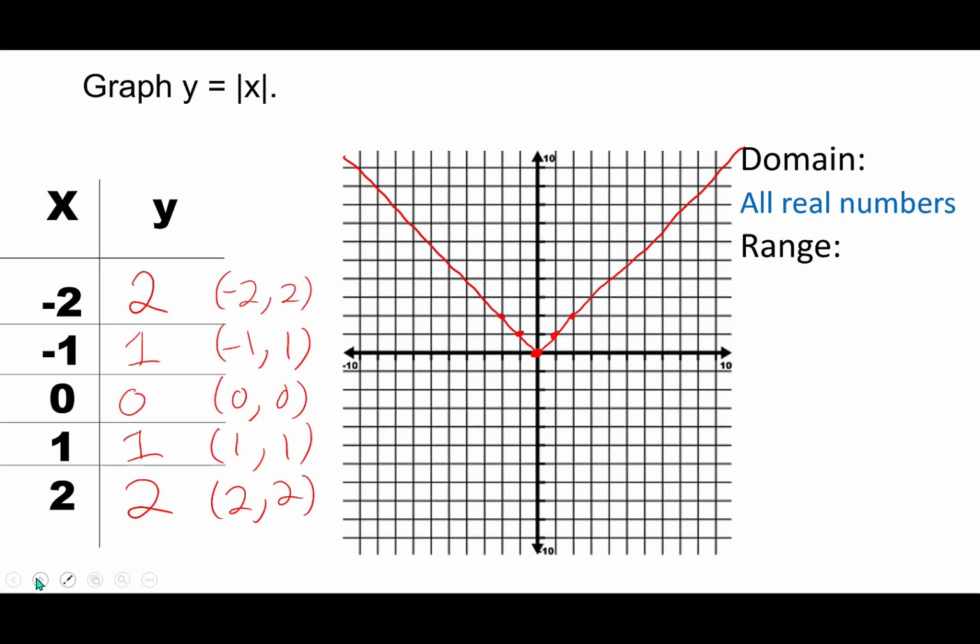The range, remember, goes with the y. It's our up and down. Well, I'm going to keep going up, right? My V keeps continuing on upward. But I stop right here, and I don't go any lower than that. Our range is going to be y is greater than or equal to 0.